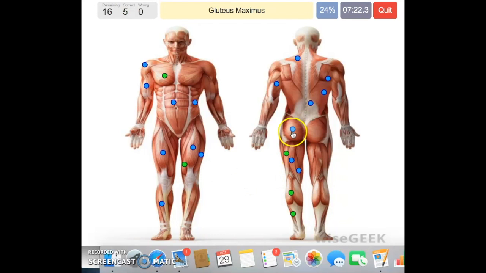Gluteus maximus. Latissimus dorsi. Tibialis anterior. Triceps brachii. Trapezius. Biceps femoris.